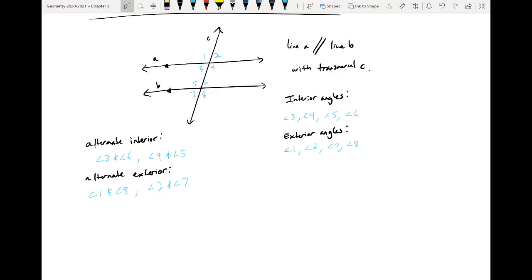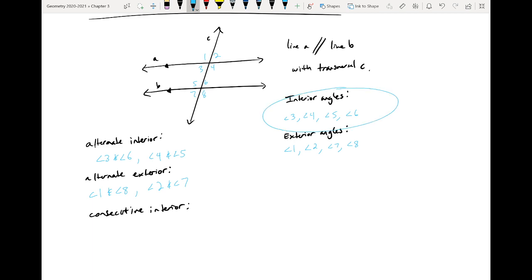All right, I got 2 more ideas to consider. The next is going to be the consecutive interior. Consecutive interiors include only interior angles, right?